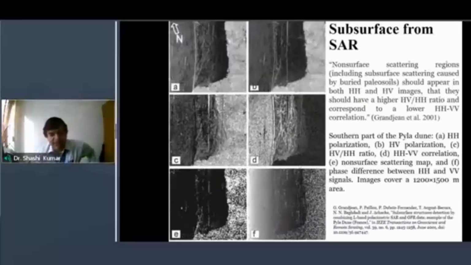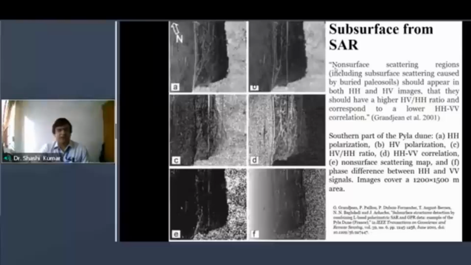Now this is again another study which is showing the advantage of multipolarization or polarimetric SAR for subsurface feature detection. This analysis is given in very good literature for subsurface structure detection by combining L-band polarimetric SAR and GPR data.